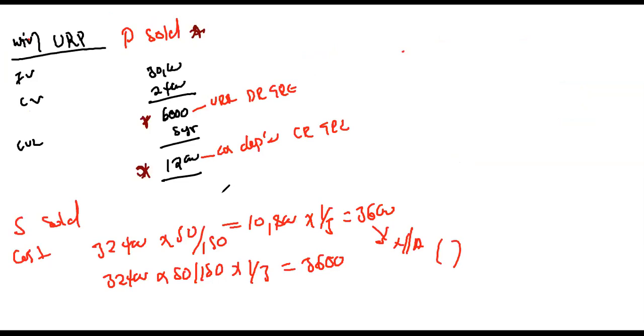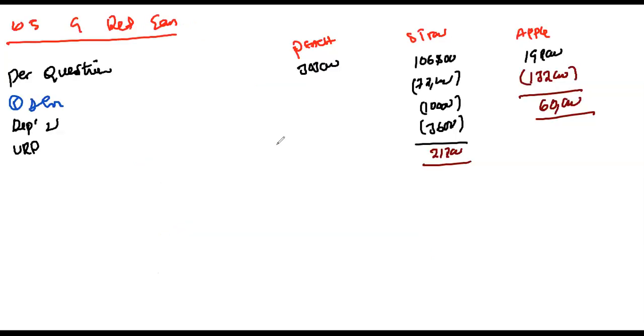We have URP for the subsidiary, and for the parent it was 6,000. So we remove the 6,000 for the parent, and then depreciation, we also had for the parent, that 1,200. So we're removing the 6,000 and adding back the 1,200.